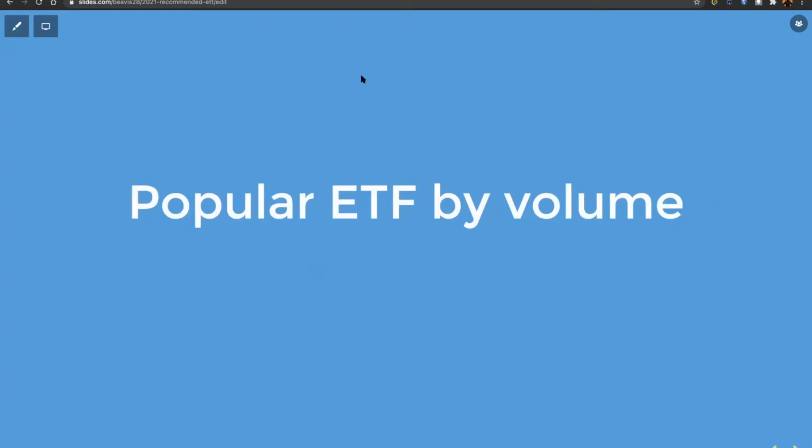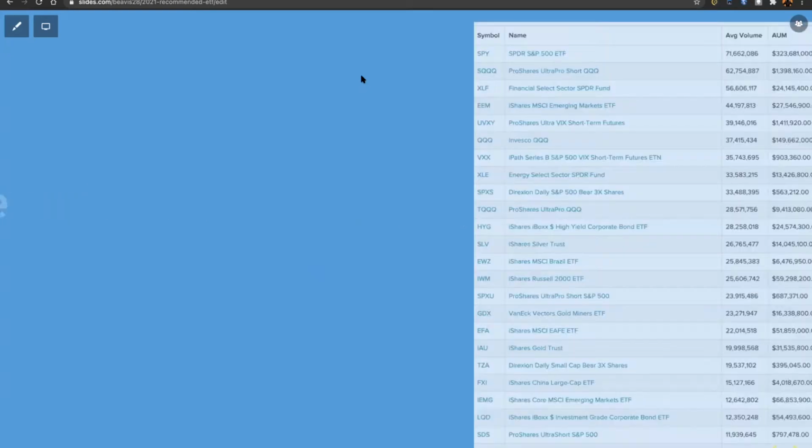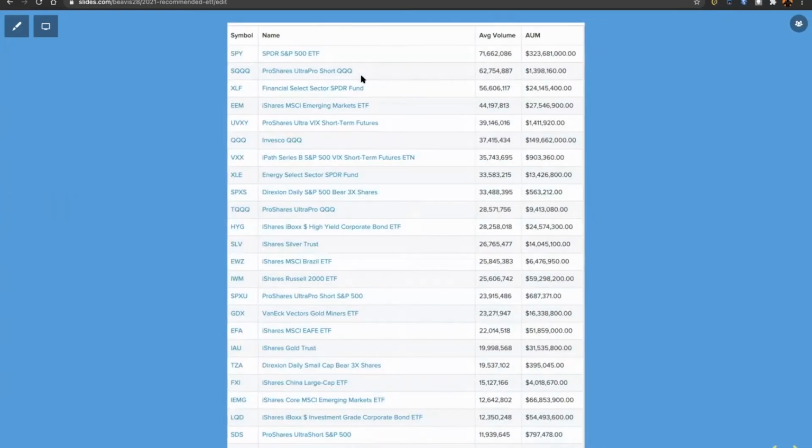For the popular ETFs by volume, I checked which ETFs are the most popular. I picked them from a site. Many of these are registered on the Nasdaq: SPY, SQQQ, XLF, EEM, QQQ, and so on. All of these are very famous ETFs.